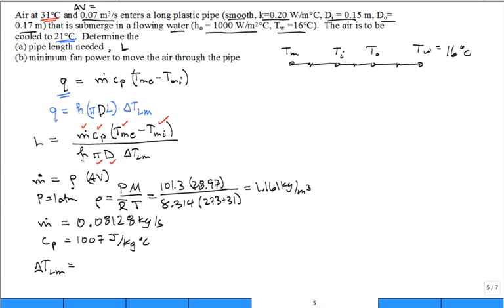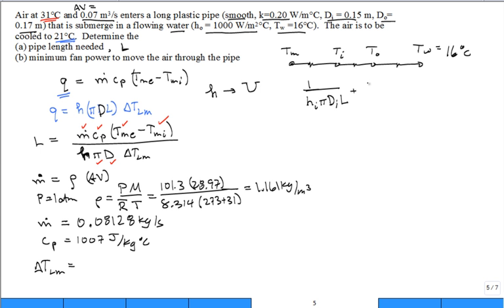So instead of calculating just an H here, we have to calculate basically a U, an overall heat transfer coefficient. That's the generalization of H. So we have 1 over the H on the inside, area on the inside, which is pi d inside length, plus, what do we have here?